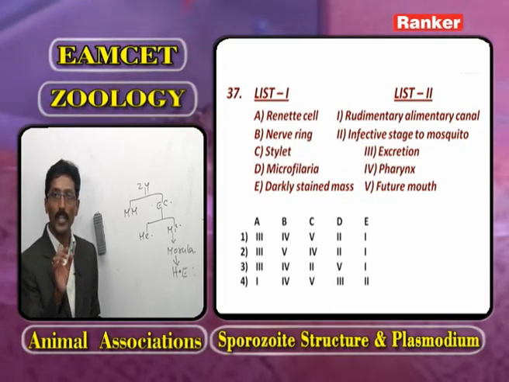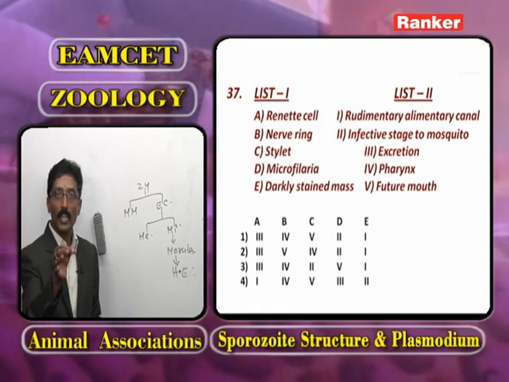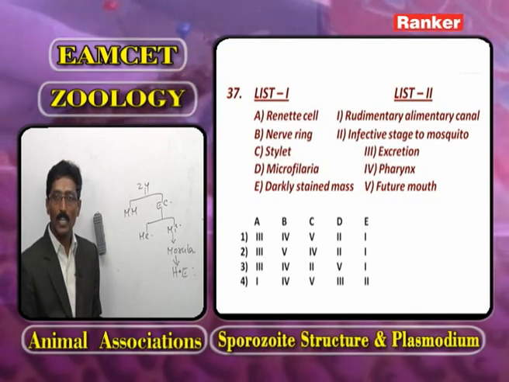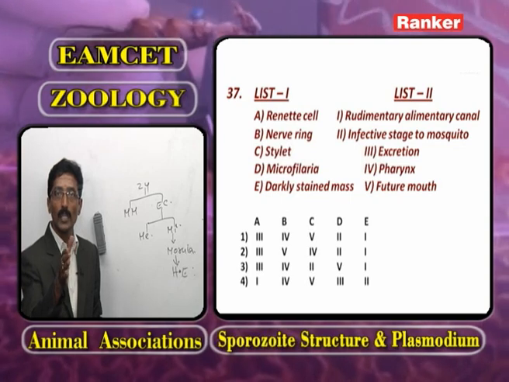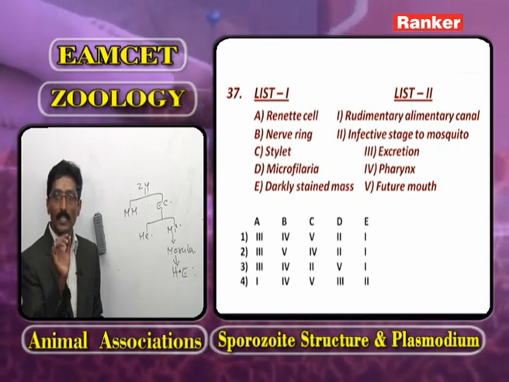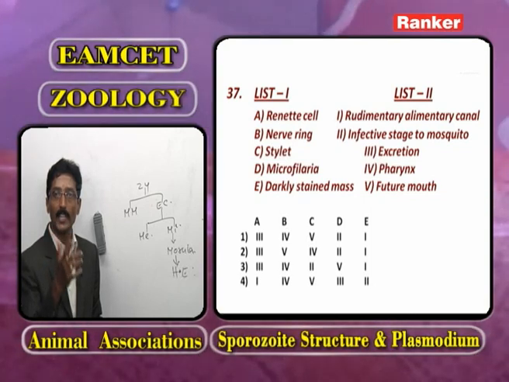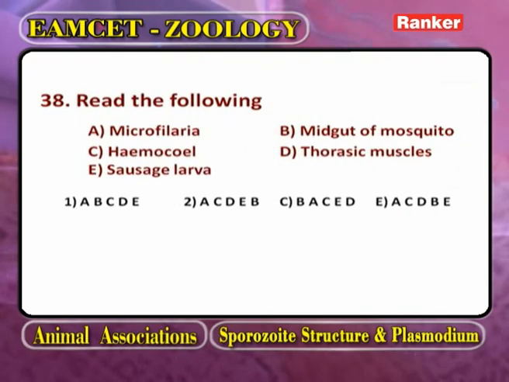What about the nerve ring? Present around the pharynx. What about the stylet? In the future, there the mouth develops. What about the microfilaria larva? Infective stage to the Culex mosquito. What about the darkly stained mass? That represents the rudimentary alimentary canal. Now we move to the next question.